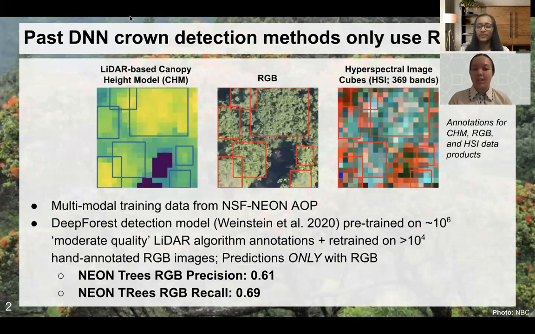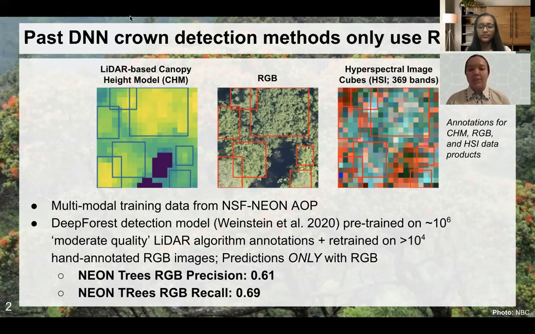Past work in this area has been mostly using only RGB images and has really focused on deep neural networks for crown detection methods. One of the things about the NSF NEON AOP data, which we will be using, is that there are 3 different modalities. There's LiDAR-based canopy height models, which is just taking the height of the canopy versus the ground.